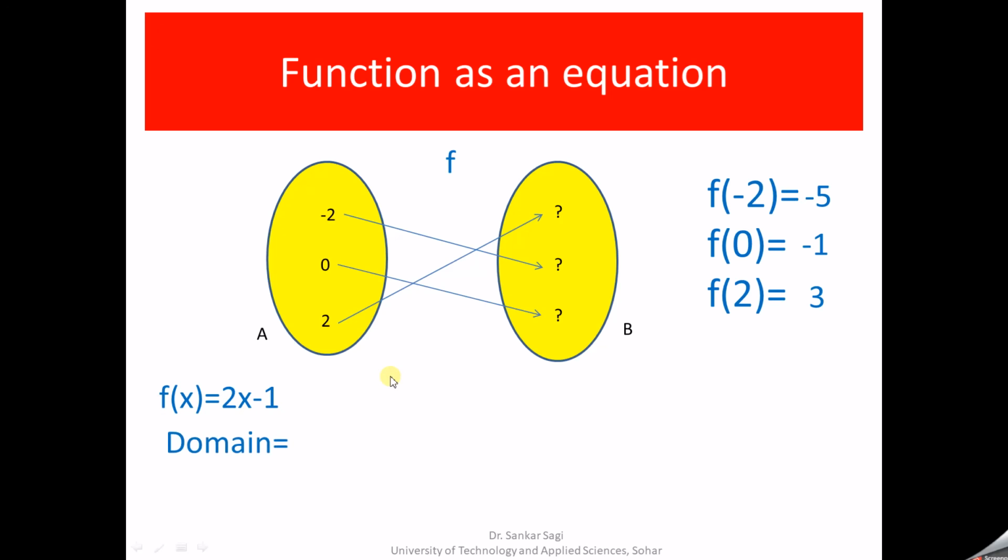So the domain of this function is the set containing -2, 0 and 2, and the range is nothing but the set of all images. So the images are -5, -1 and 3. So this is how we can find the images if the function is given as an equation.